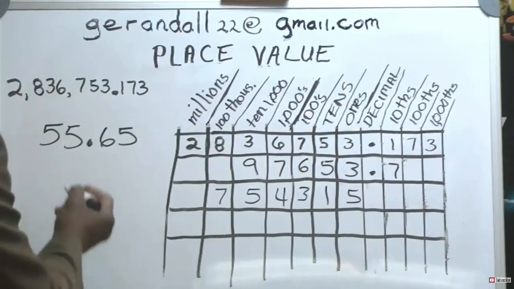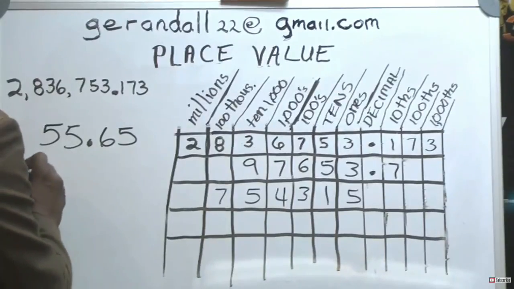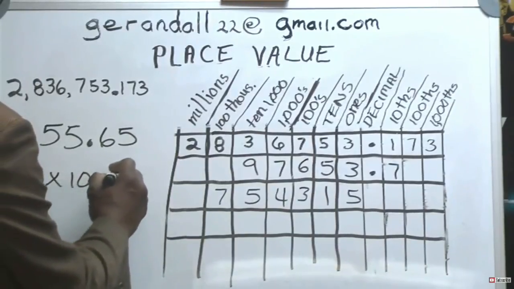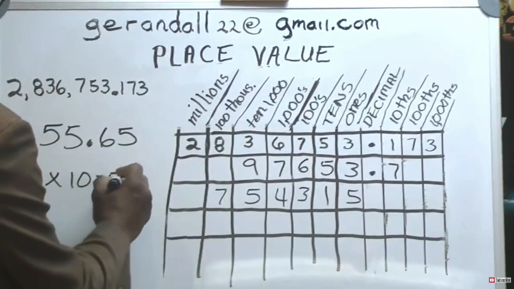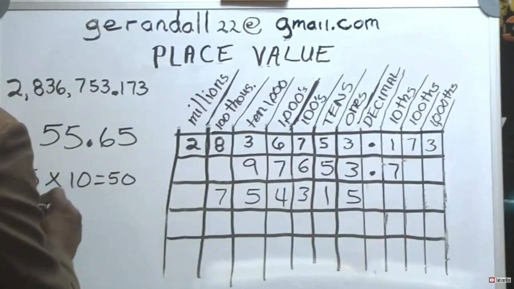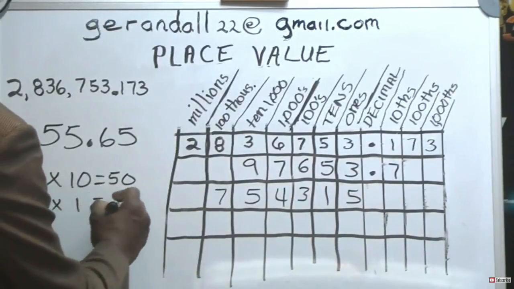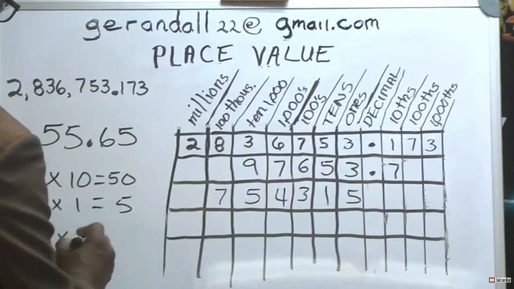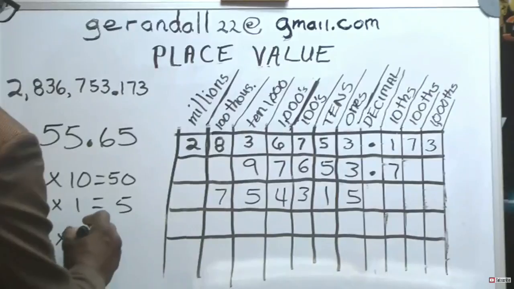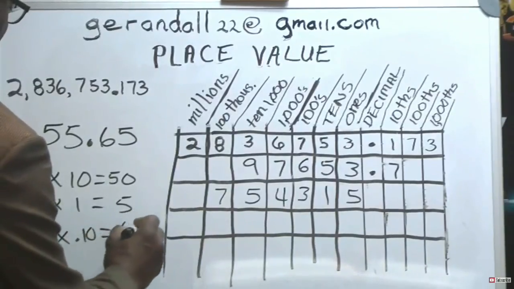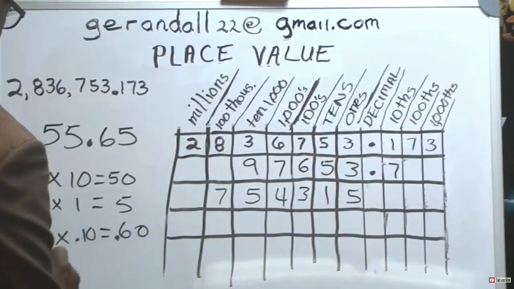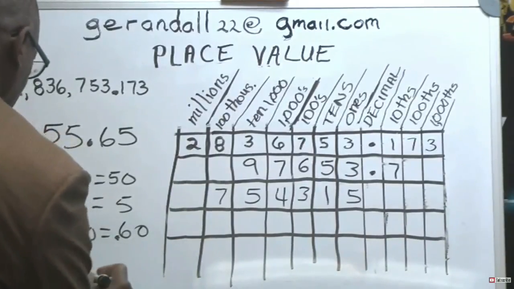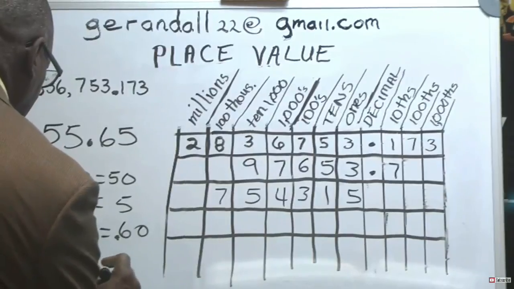And again, if we do it in expanded form, that's 5 times 10, which is 50, 5 times 1, 5, 6 times 1/10, which is 60 cents, and 5 times 100th.